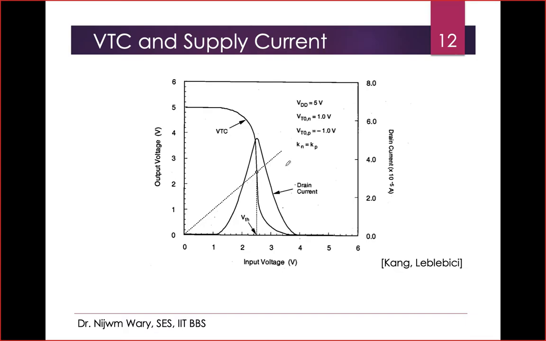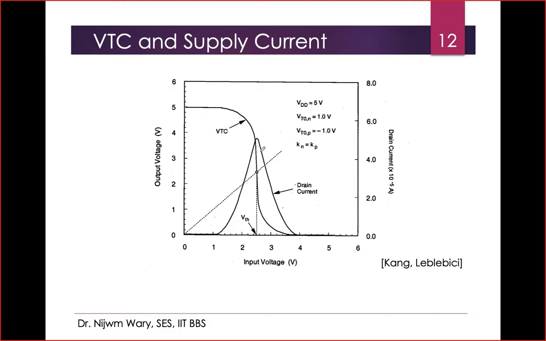Here again, a little bit shifting back to a slightly different topic. You can see this VTC curve here, and if you observe the drain current, it will be something like this.